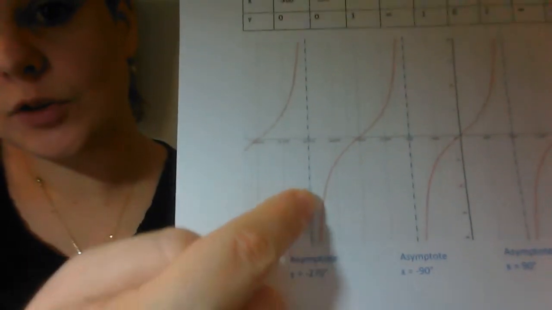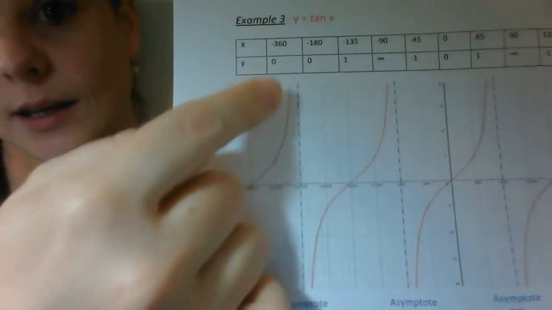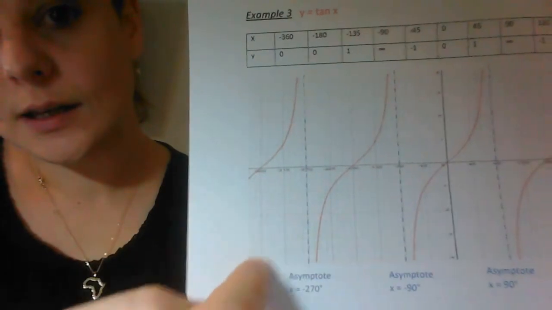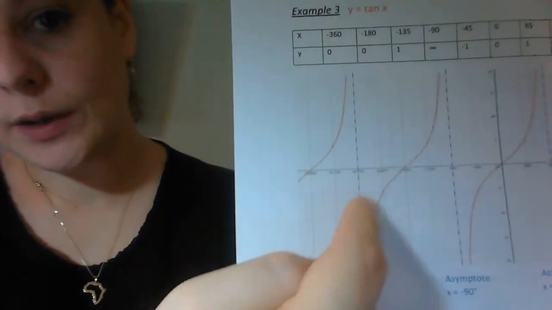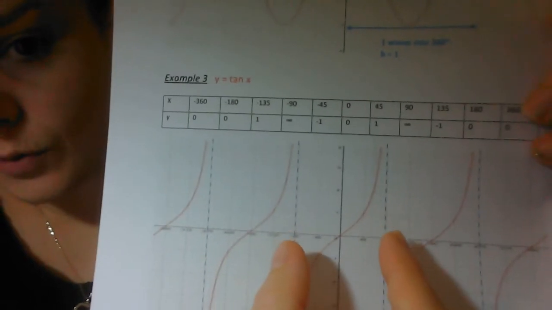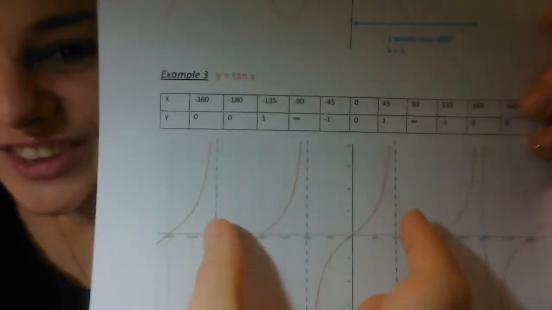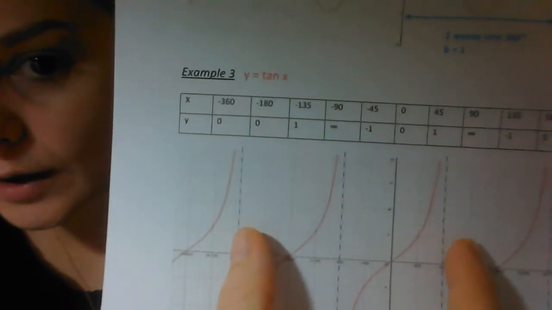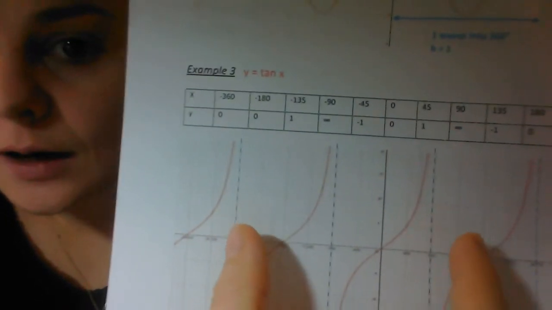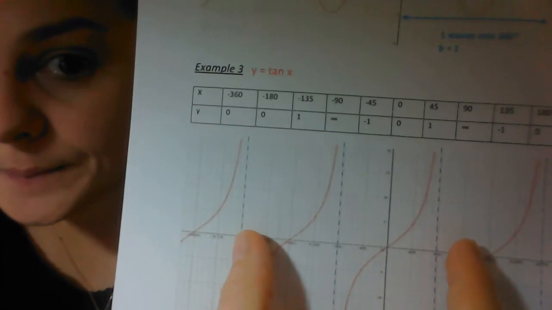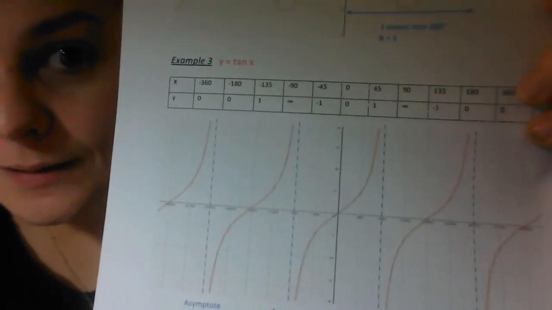So you can draw the asymptotes here, and you can see that it's going to give that shape everywhere, with 1 full wave equal to 180 degrees. So for the tan graphs, 2 half waves into 360 degrees. Alright, that's it.